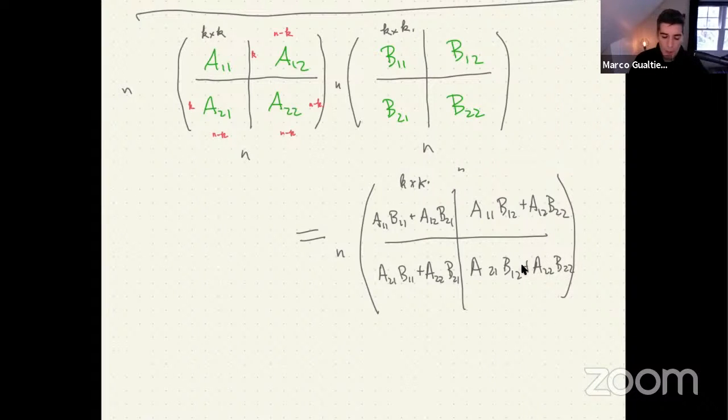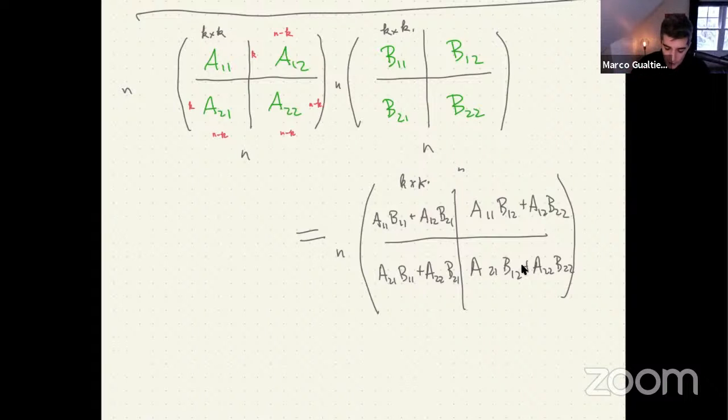When you look at this, there's a couple of things to notice. First of all, it looks exactly like normal matrix multiplication, where if these were scalars, if this was a 2 by 2 matrix, this is exactly what the formula would be: this times this plus this times this. So the formula looks exactly like normal matrix multiplication.